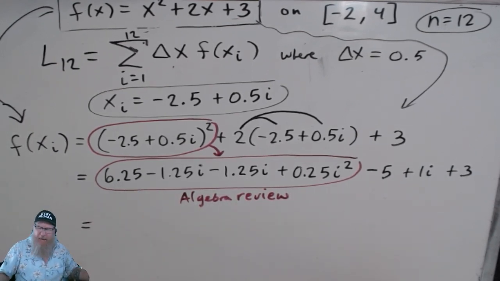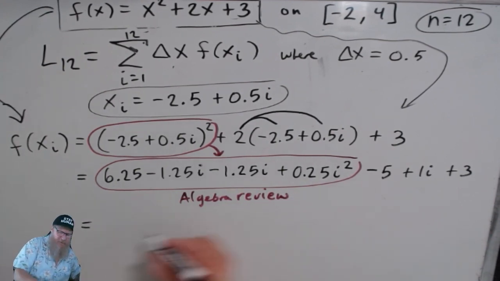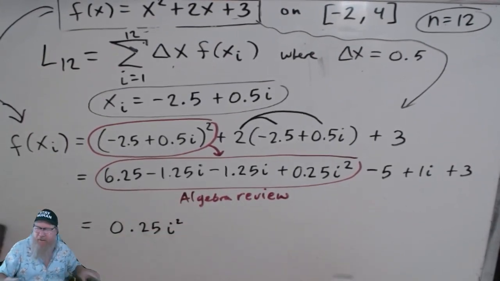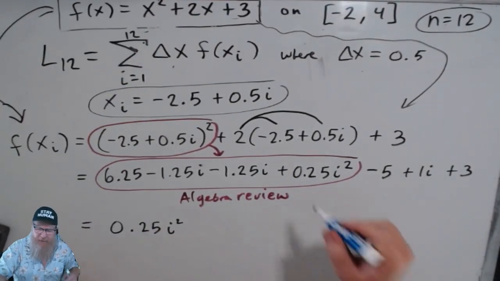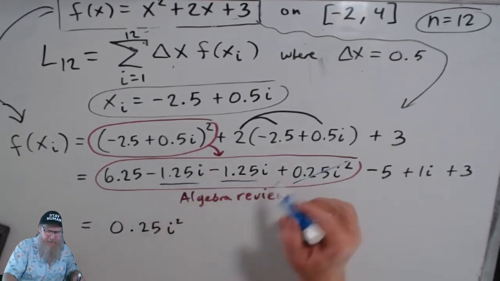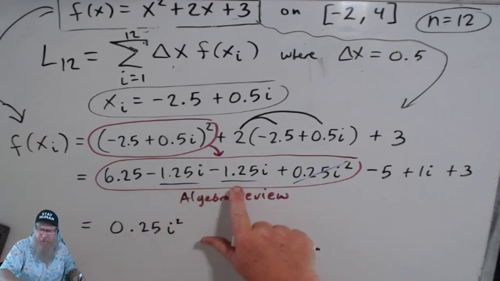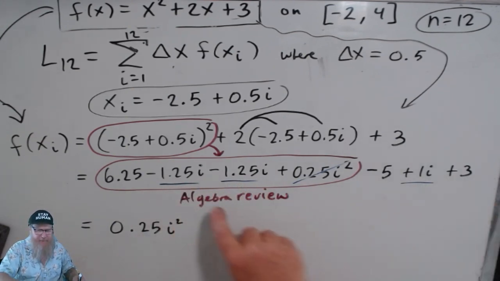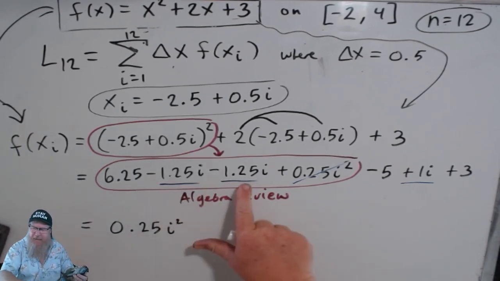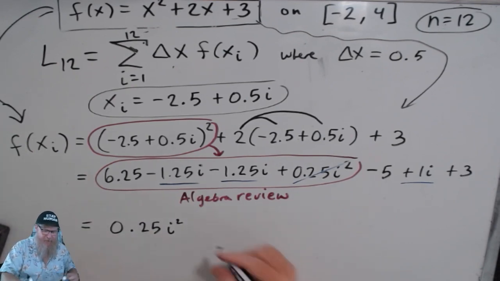So now what do we got? We don't get as much canceling as we got before. Let's just put the square term first, 0.25 i squared. Here, let's cross them off as we go. Let's do our i's. So that's negative 2.5, 1.25, negative 1.25, and then plus 1. If you have to use the calculator, you can. That's negative 2.5 plus 1, which is negative 1.5.